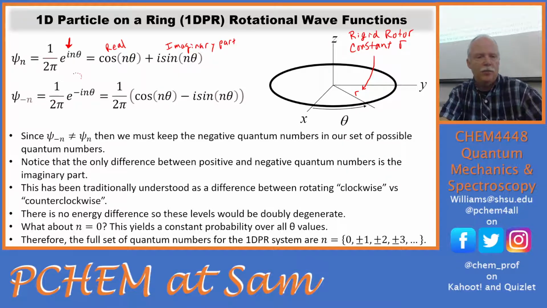And I just want to point out, what if n was negative? Okay, that would put a negative value up here in n. If we pull that out, it would be a minus i. And all that does in Euler's relationship is change the sign in front of the sine function. It doesn't change the sign in front of the cosine function. So the real part is unchanged, and the imaginary part changes.